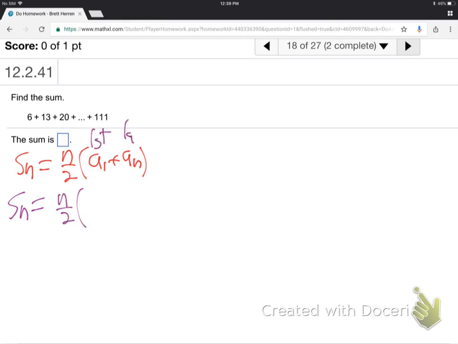So remember, first term, last term. First is 6, last is 111. We don't know the n. So to find the n, we come over here.